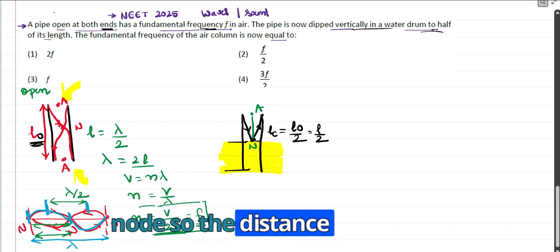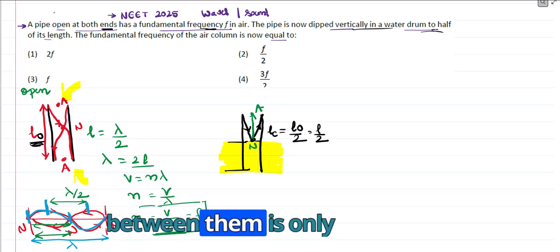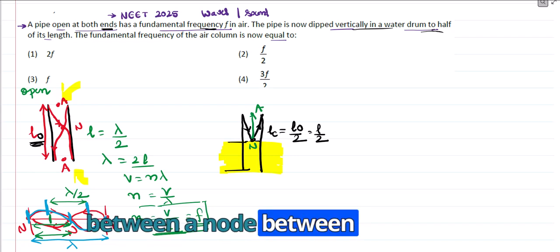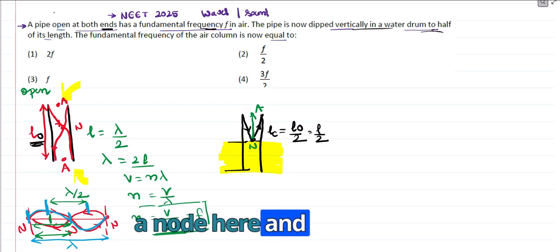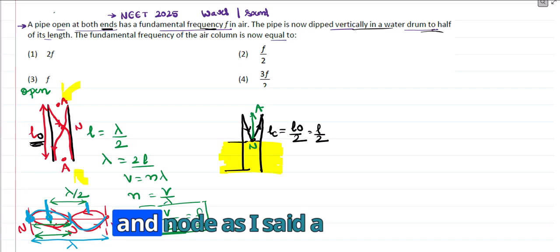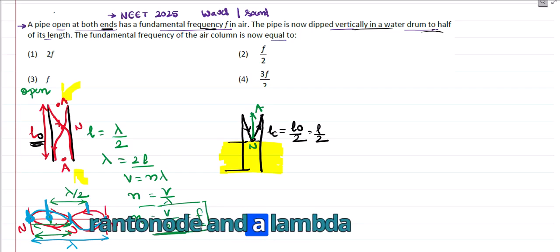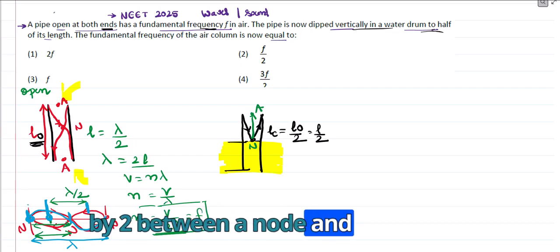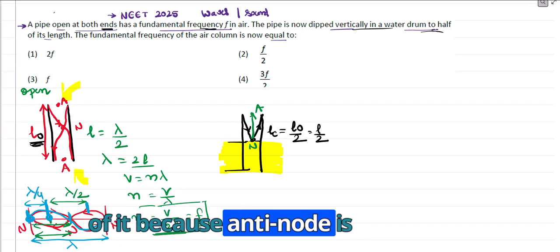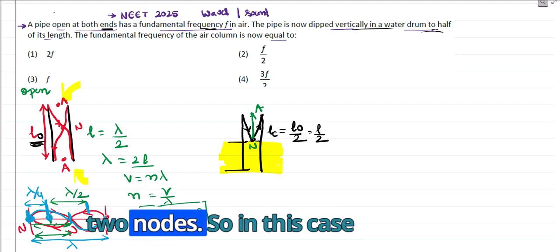So the distance between them is only between a node here and an antinode here. Between node and node, as I said, or antinode and antinode, it is lambda by 2. Between a node and an antinode, it is even half of it, because the antinode is exactly in between the two nodes.